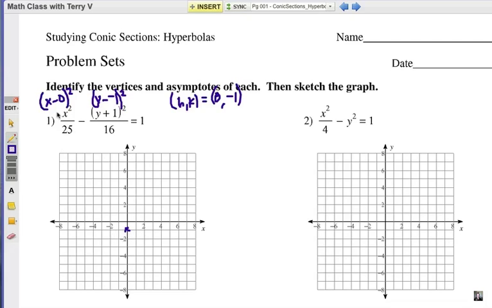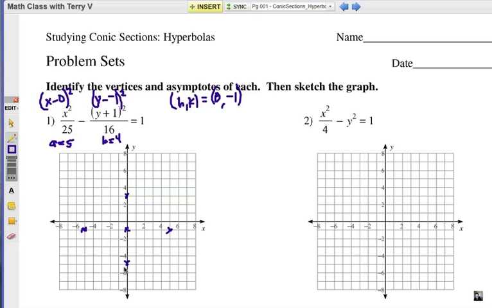Also, the a value is 5 because 25 is really 5 squared. And 16 is really 4 squared, so b must be 4. That gives us the dimensions of our rectangle from the center. If a is 5, we go 5 in this direction and 5 back in the negative direction, and then we go 4 up and 4 down.